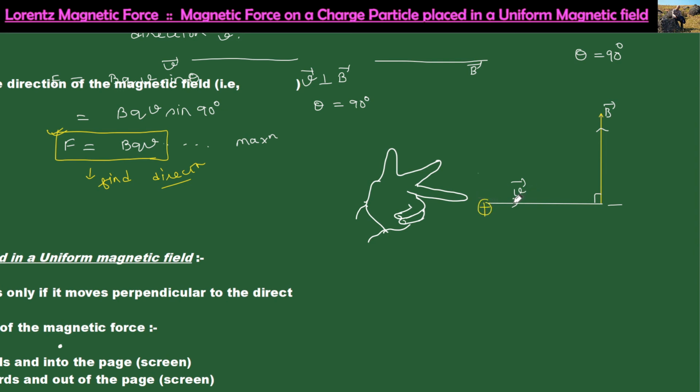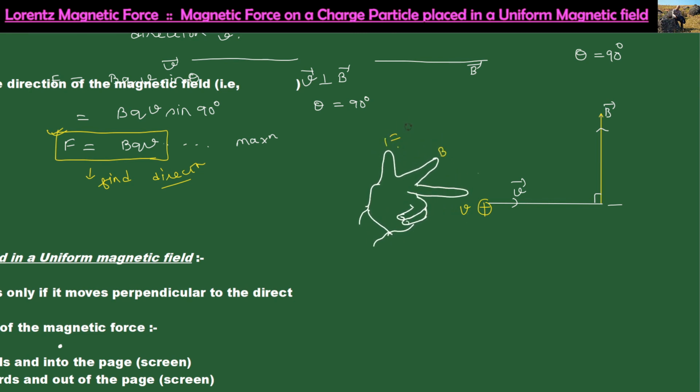This is the force, this is the direction of the magnetic field, and this is your velocity. So from here, when you make use of your right hand, it is very clear how you have to rotate your fingers in this way.